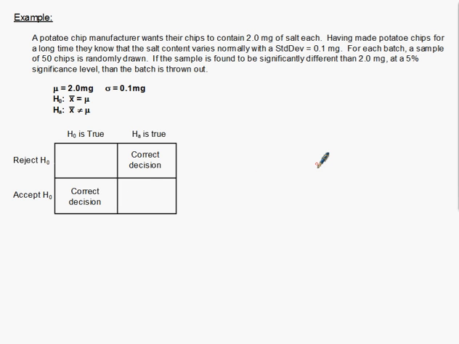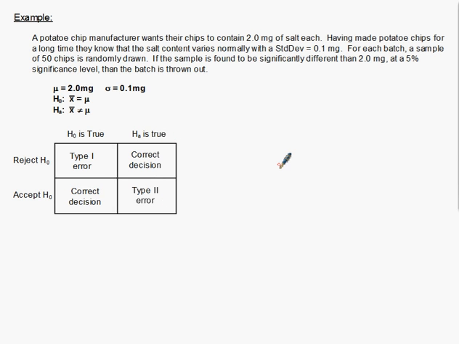Which means there are two others, of course. The type 1 error is when we reject the null hypothesis, and we shouldn't. And the last one, as you might guess, is the type 2, which is when we fail to reject the null hypothesis, when we accept the null hypothesis when we shouldn't, when actually it's wrong and the alternate is what's true. That's a type 2 error.